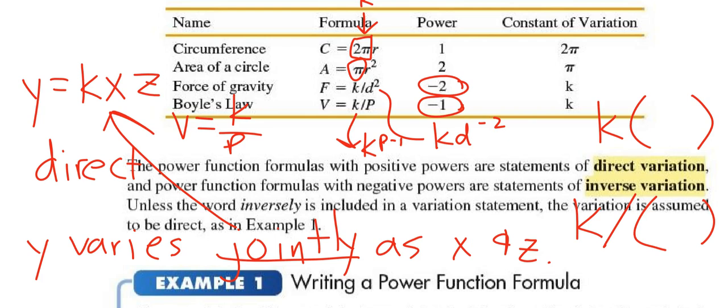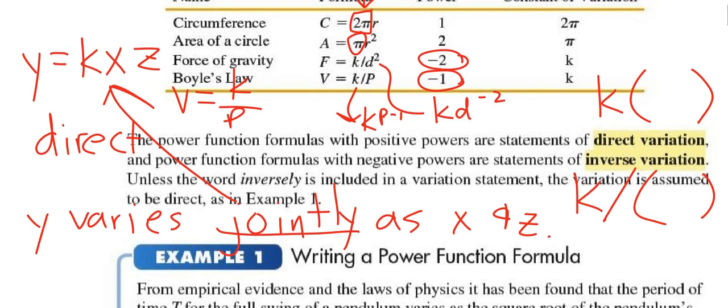National Joint Variation Day, where we celebrate all the directly related variables. Thank you very much. Appreciate it. Okay, some people understand. Other people have to draw pictures of leaves. Maybe they won't get it then either. I don't know.